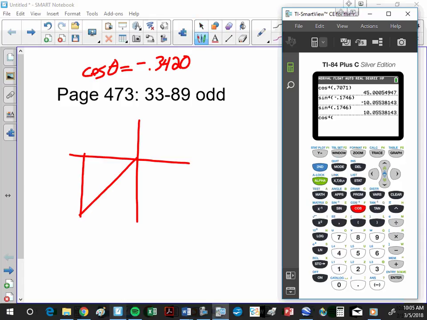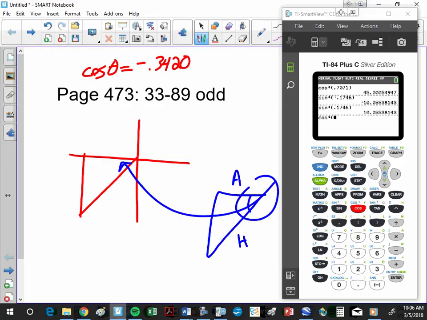So basically what I'm doing is taking this triangle and removing it from the unit circle, which means all the side lengths now become positive. And then I can use my A over H to calculate theta, and then I take that angle and stick it back in, and I'm going to add it to 180.